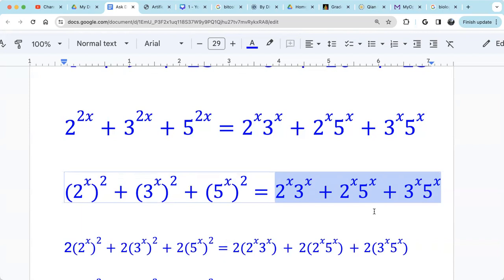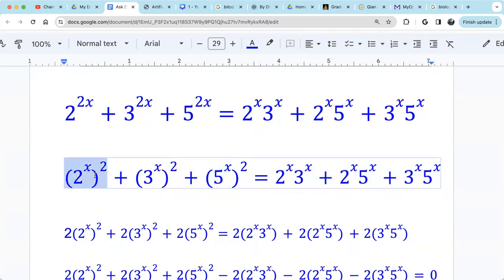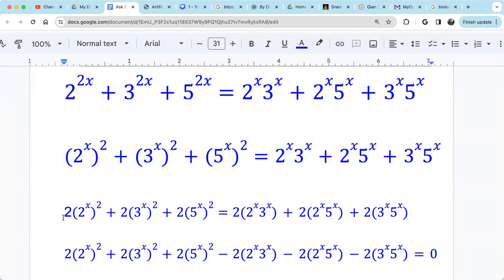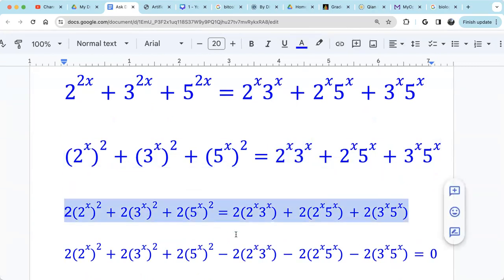Okay, then we think about the perfect square formula. Let's use this as an example: 2 to the x squared, 3 to the x squared, that's a squared plus b squared, right? If we move this a times b to the other side, then we need a 2. Because we have a times b, a times c, b times c, maybe we want to multiply everything by 2.